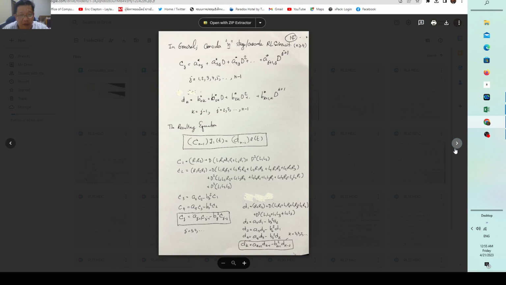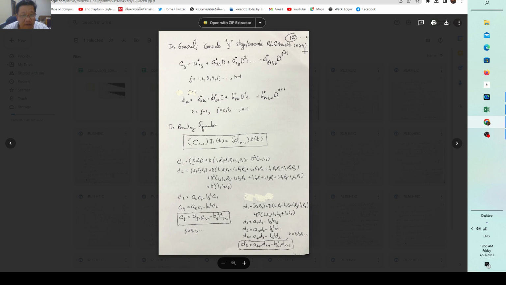From the last clip, we ended up trying to generalize the formula for the n stage cascade RL circuit, when the number of stages becomes greater than 4, because 1, 2, 3 is quite an obvious result where you can easily use the direct method.